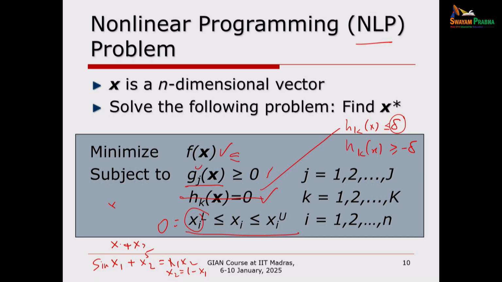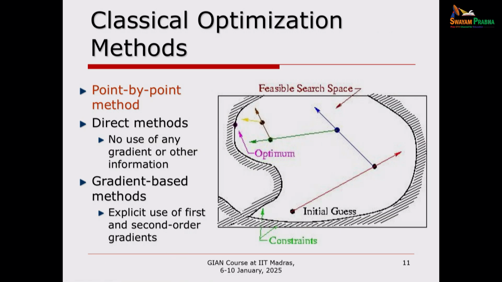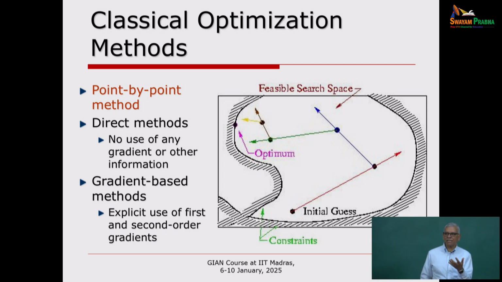All right, so our goal is to solve this problem, called the NLP problem, to find the corresponding optimal solution x star. Most classical point-based methods, I call them classical because that's how the optimization literature started, early 60s.